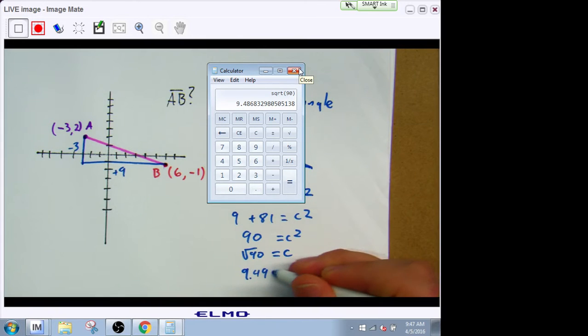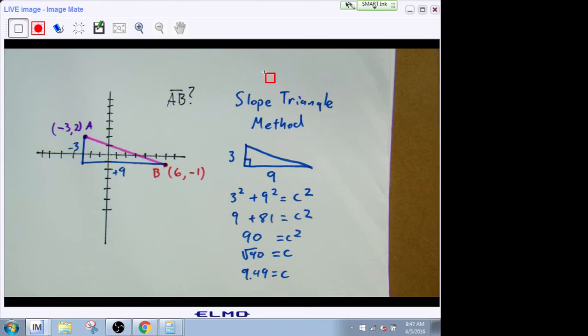Yes? Okay, so why did I write positive 3 instead of negative 3? When I square, it's not going to matter. And also when we think about distance, it doesn't matter either.